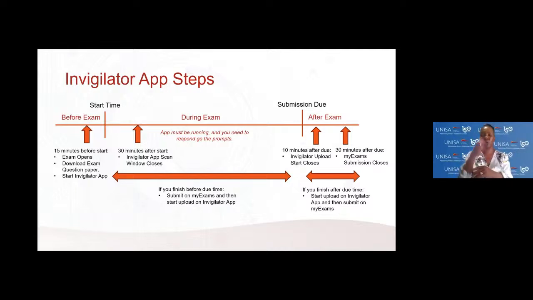I just want to mention, if you are going to use a single device, you cannot type out your solution in a document or in a program like Word or Excel, because that means you need to close the app in order to open up a Word document, and that counts as out of app time, which is a transgression.